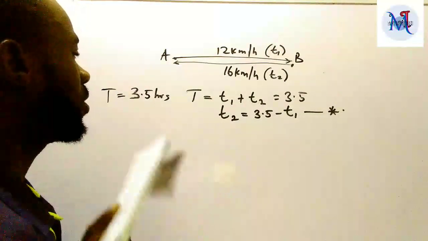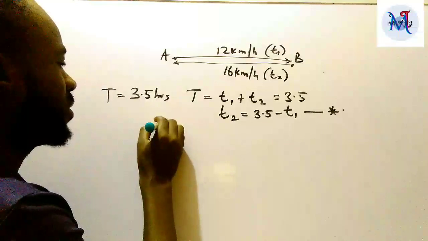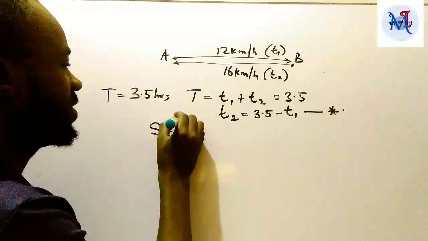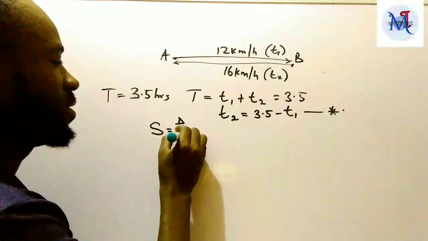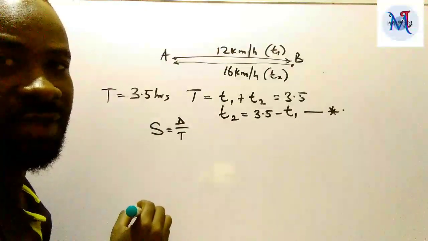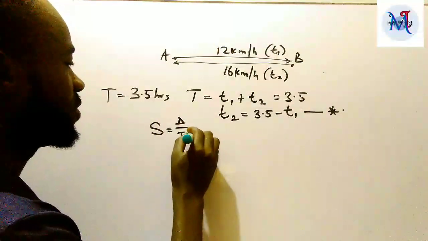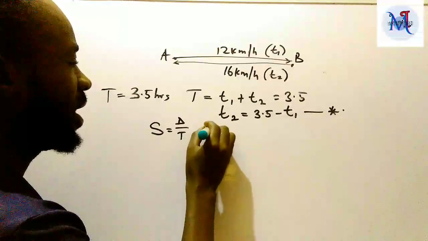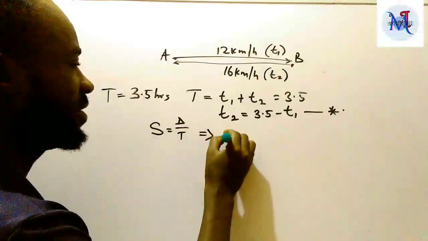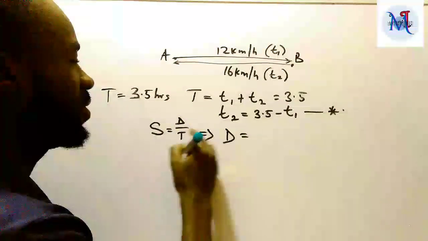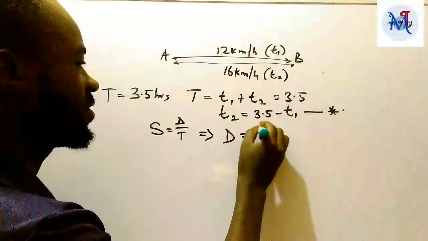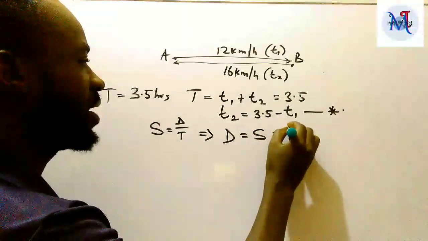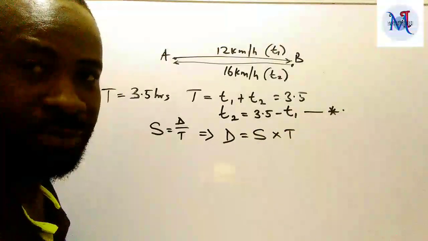Now, recall that our formula for speed is distance over time. That's our formula for speed. If I cross multiply, I'll have that distance is the same thing as speed multiplied by time.